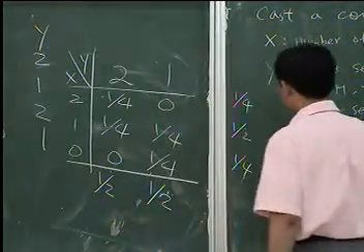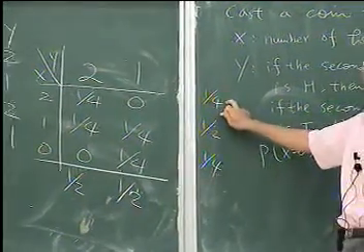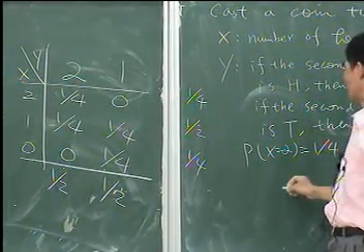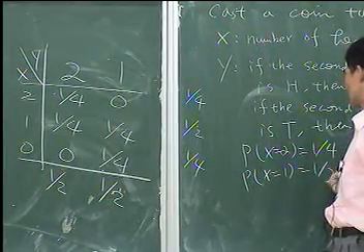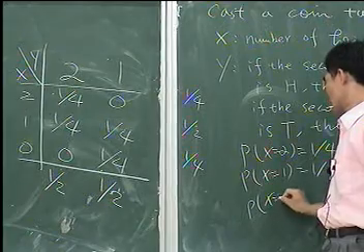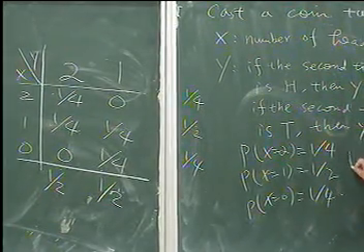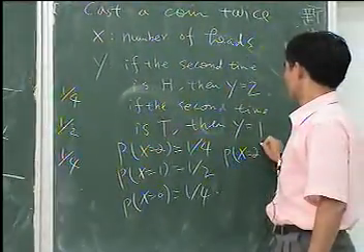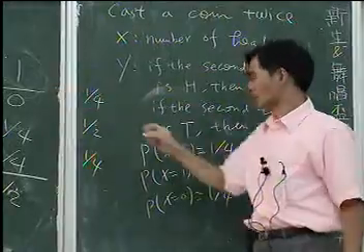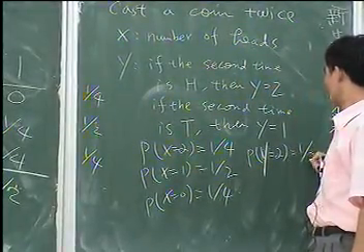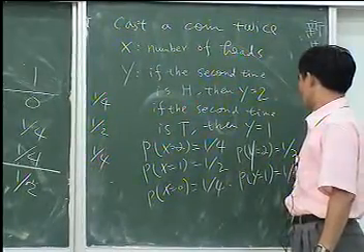Because in this case, P(X equal to 2) is equal to 1/4. P(X equal to 1) is 1/2. P(X equal to 0), 1/4. And Y equals to 2, sorry, it should be Y, P(Y equals 2) is equal to 1/2. P(Y equals 1) is equal to 1/2.